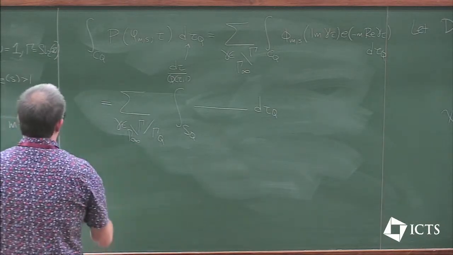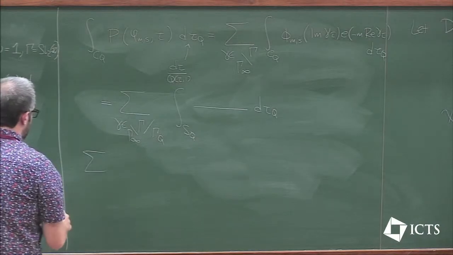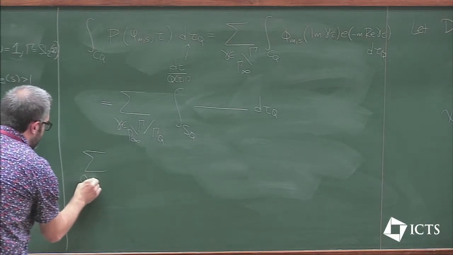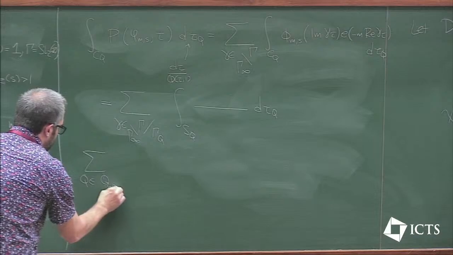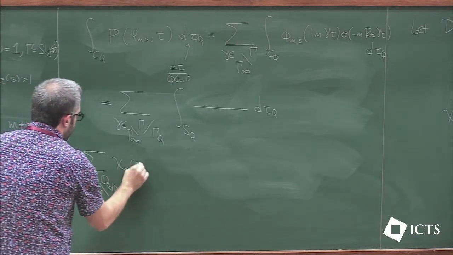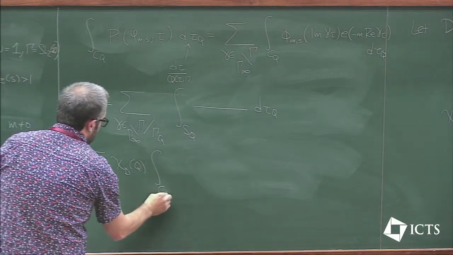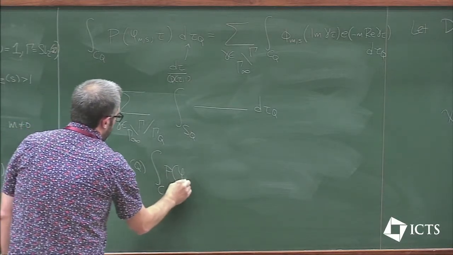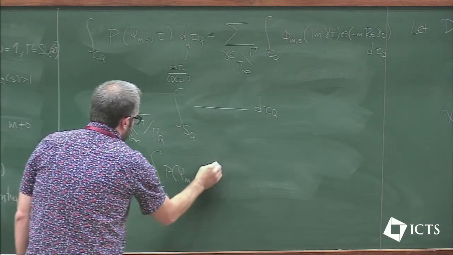Okay, so now if we want to take the entire trace, I want the sum over q's in QDD mod gamma, chi of q, integral over CQ of the Poincare series phi ms of tau d tau q.